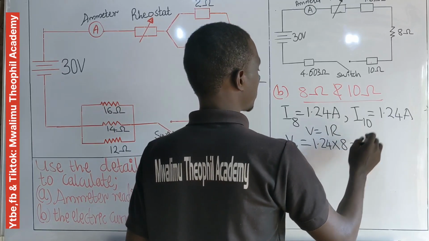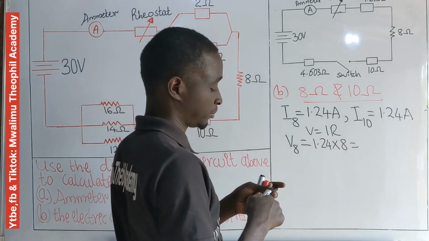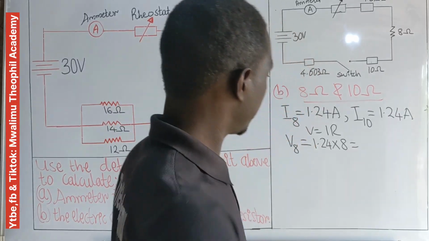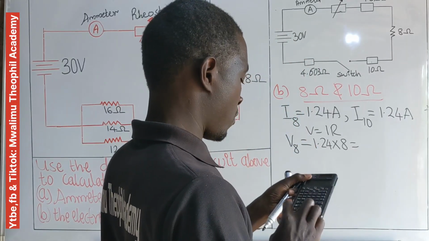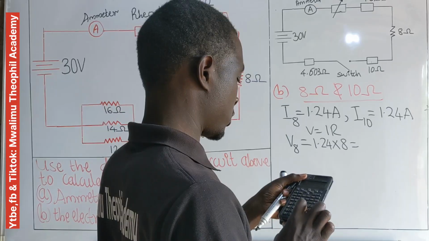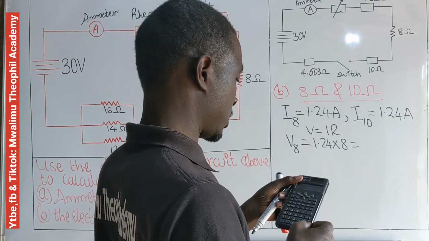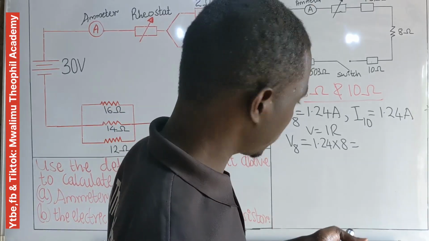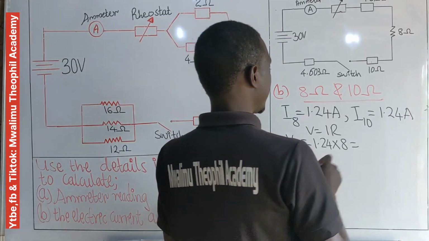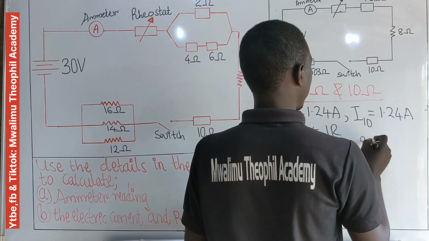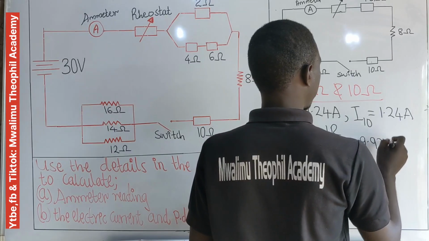Now we complete this: 1.24 times 8 is 9.92 volts.